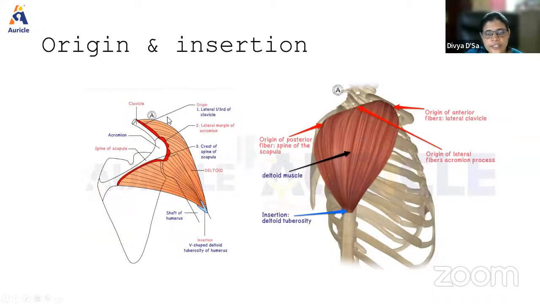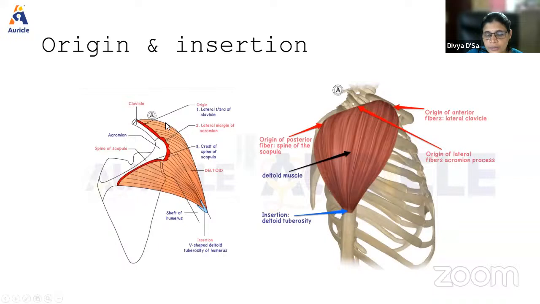It originates from the lateral 1/3 of the clavicle, that is the anterior border of the lateral 1/3 of the clavicle. Then the lateral margin of the acromion, the crest of the spine of the scapula. So here it has its origin and it gets inserted into the deltoid tuberosity of the humerus.